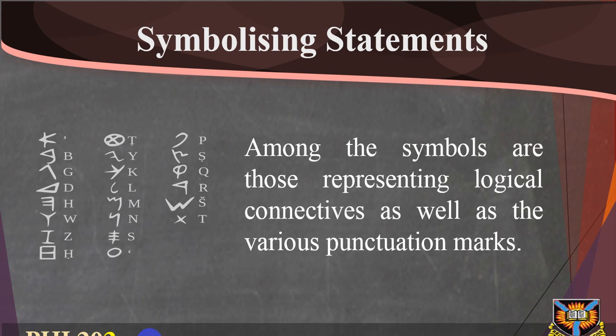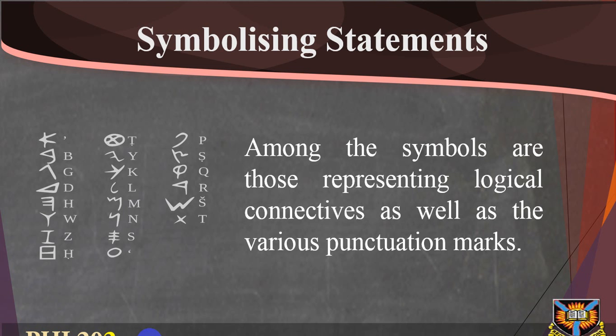Either Anambra or Benin will win its conference championships, but neither Calabar nor Delta will win the Super Bowl. Bracket open, A or B, bracket closed, and not bracket open, C or D, bracket closed. 5. Either Calabar or Delta will win the Super Bowl, but they will not both win the Super Bowl.